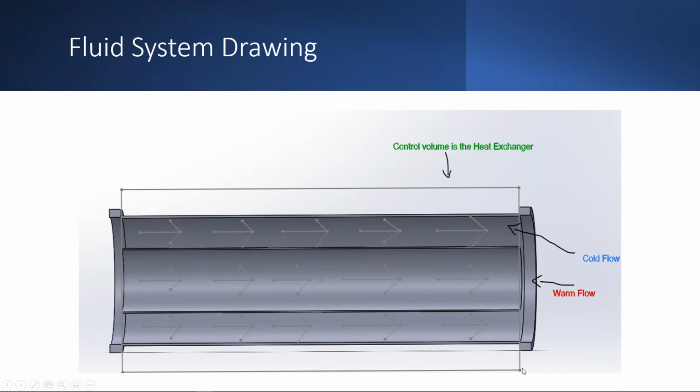As shown in the previous slide on the problem, the control volume is circled, since the rest of the objects in purple are the sensors. So this is our control volume in the box.